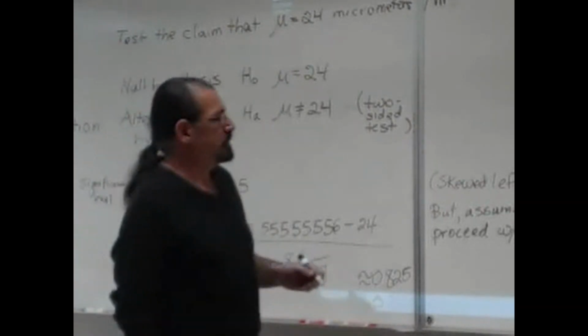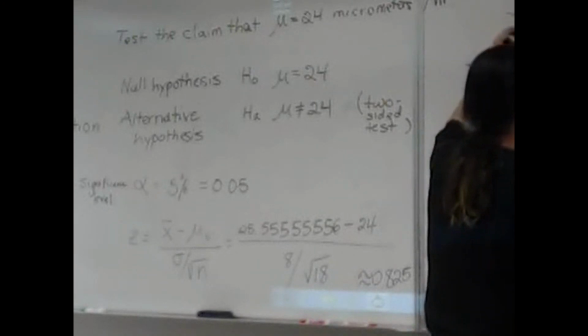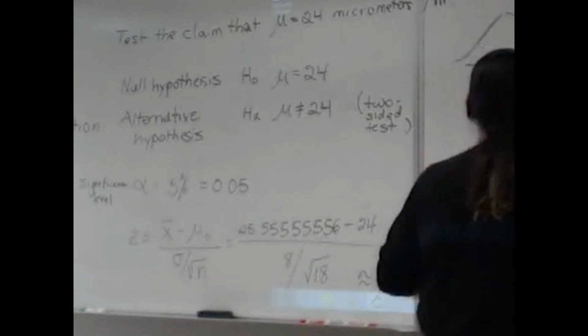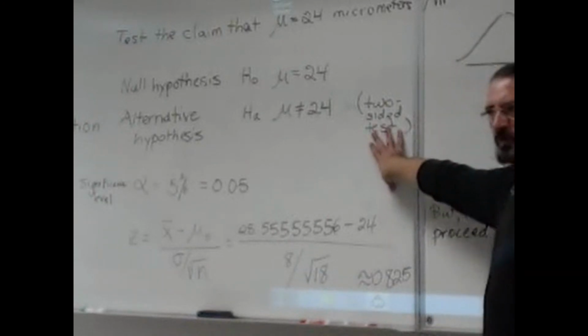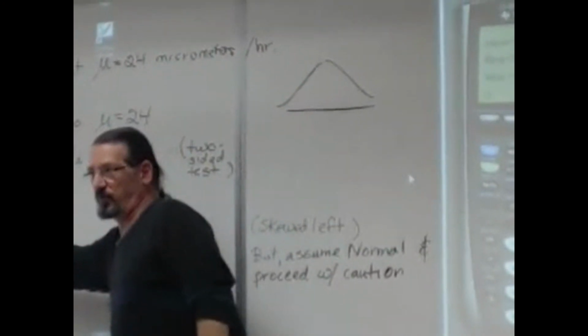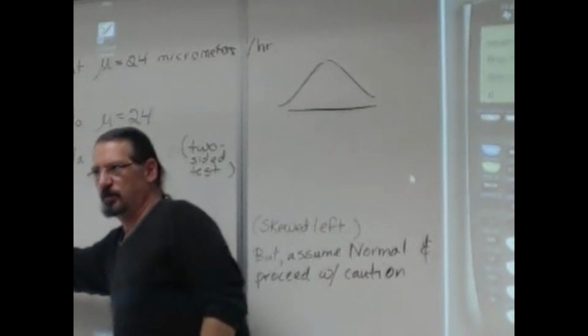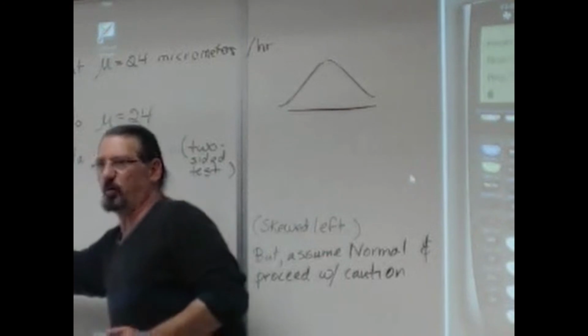So here's the deal. Since we're doing a 2-sided test, what that would mean is that between that and our significance level, we would only be convinced that the probability we get is at or below 5%.